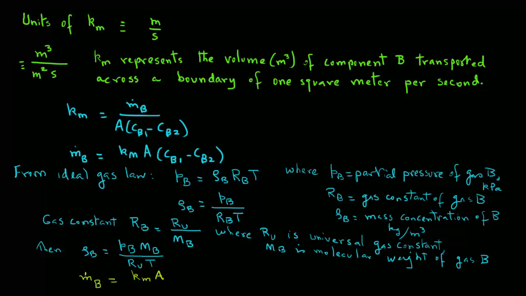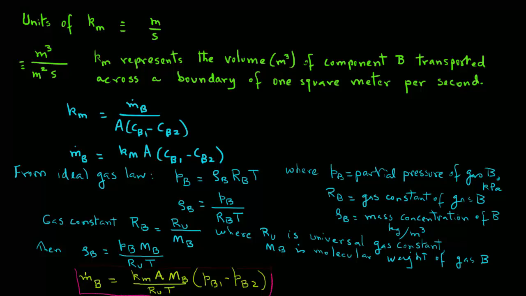So we can go ahead and substitute for that concentration terms in that expression, and we will get m dot B equals Km times A times the molecular weight of B, MB, divided by Ru, the universal gas constant, times the absolute temperature, and in parentheses now we have partial pressure Pb1 minus partial pressure Pb2.